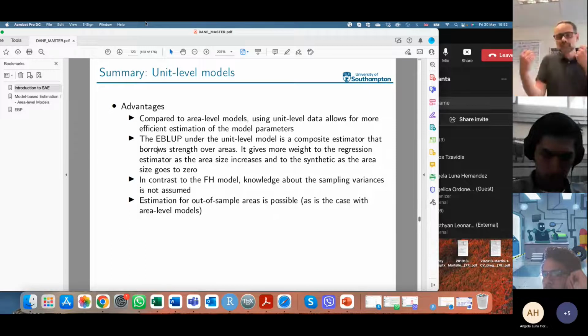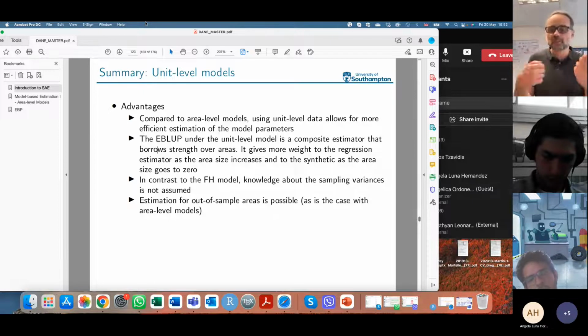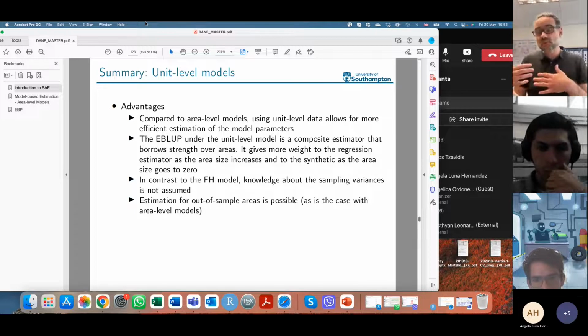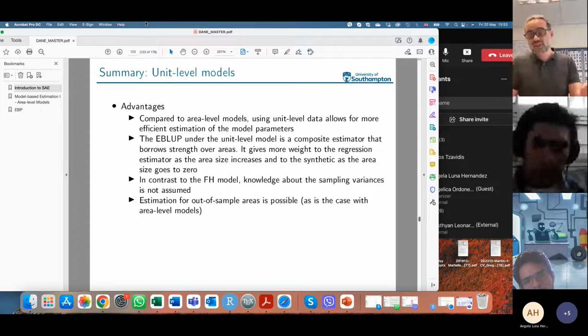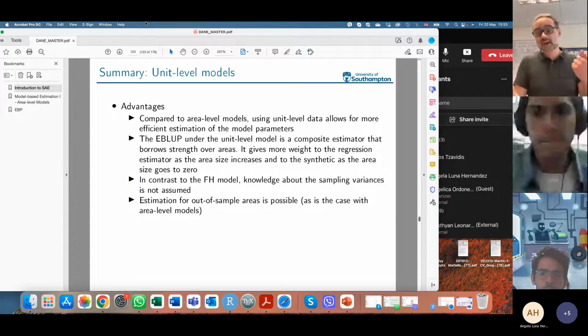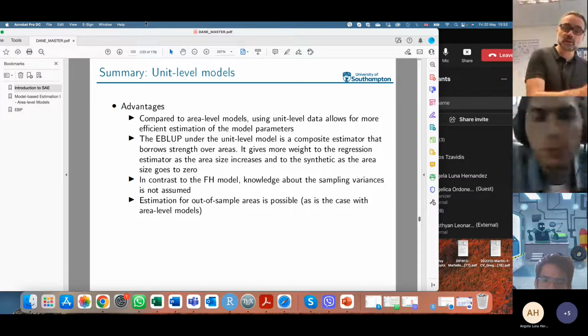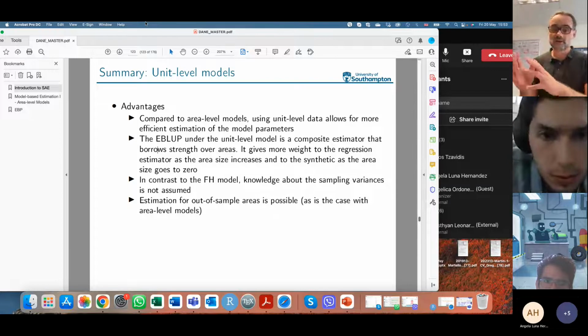So effectively, depending on how the sample size operates, and how good the covariates that you include in your model are, that will determine the sizes of sigma u and sigma epsilon, and that will determine the sizes of the shrinkage factor, the gamma i's, and as a result, how much weight you give to one part and how much weight you give to the other part.